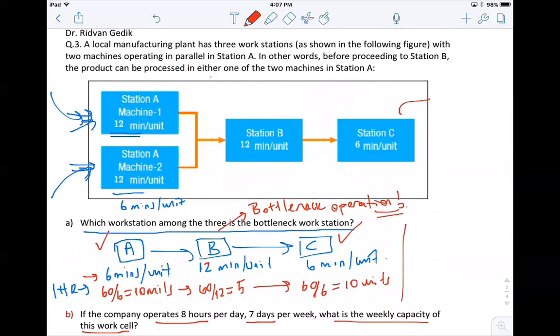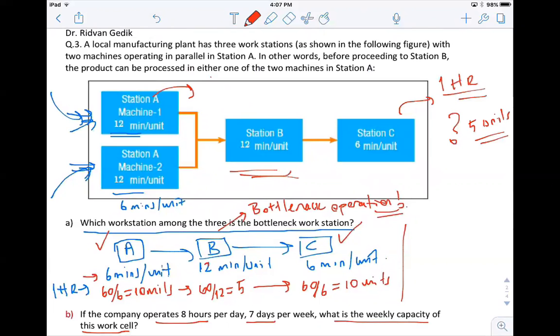At the end of 1 hour, how many products should I see here at the end of this framework? Well, we already gave this answer. That is exactly the unit that is going to be coming out of workstation B, right? And at the end of 1 hour, we expect to see just 5 units of product coming out of workstation B, because workstation A is going to be working much faster.